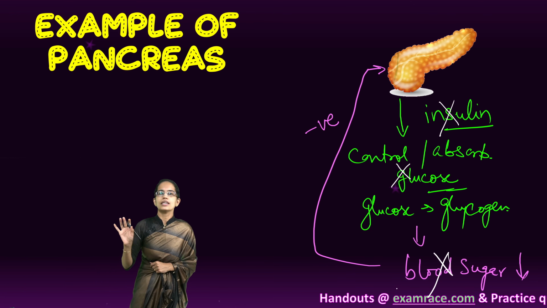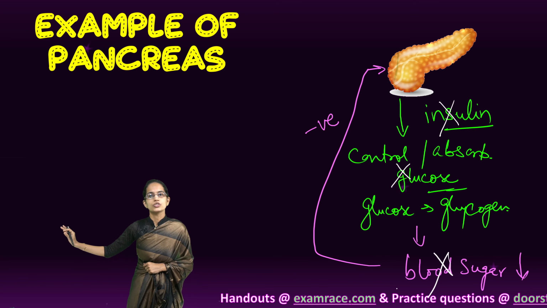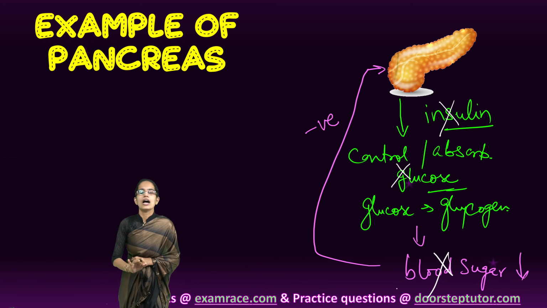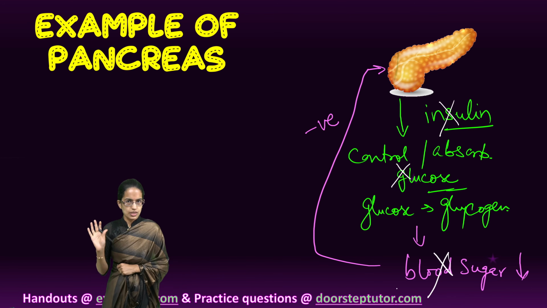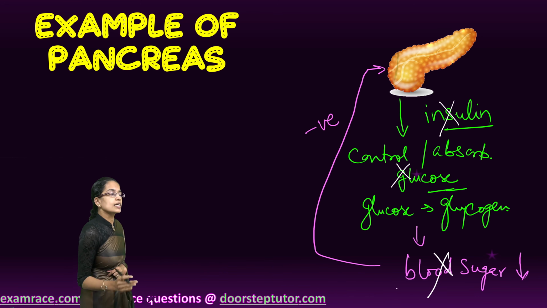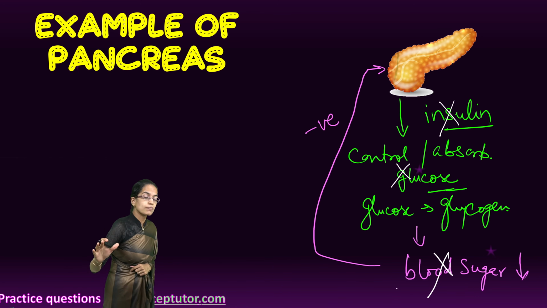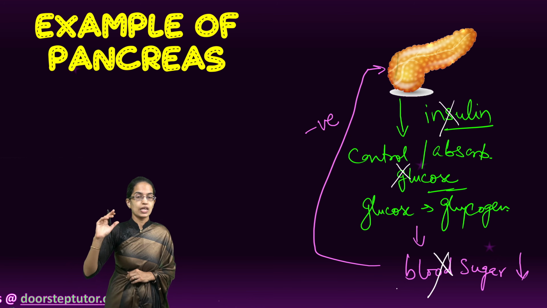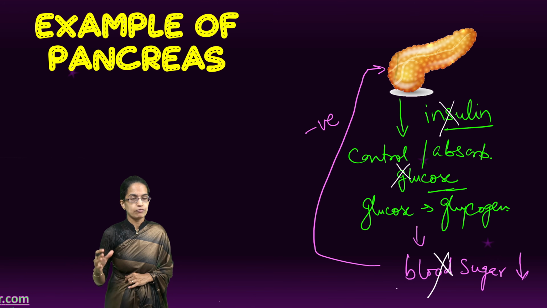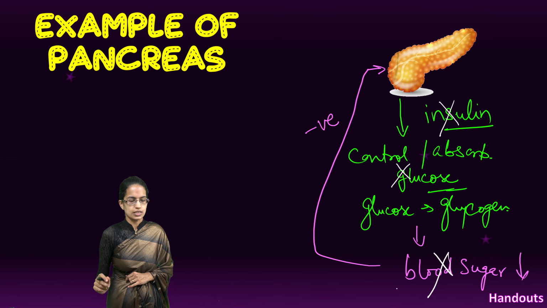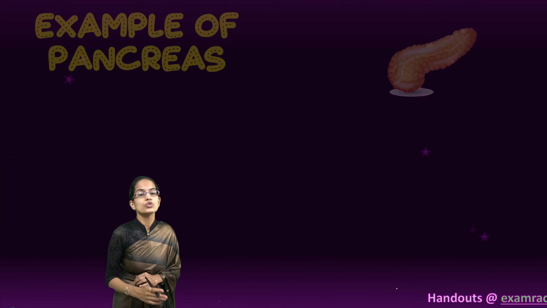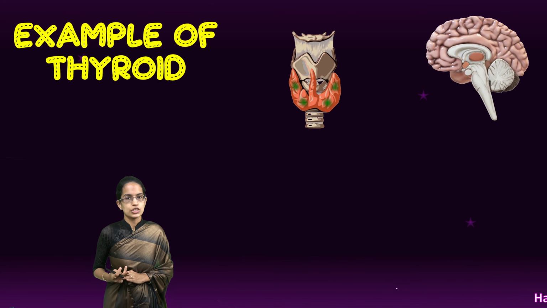So our body is able to maintain a normal blood sugar level. So that is how the feedback mechanisms occur. Mostly this feedback mechanism occurs when we have to do a negative feedback. We want to control the secretions, and there is where most of the utility of these secretions work.